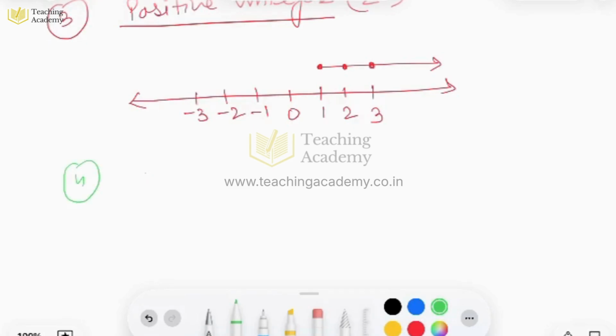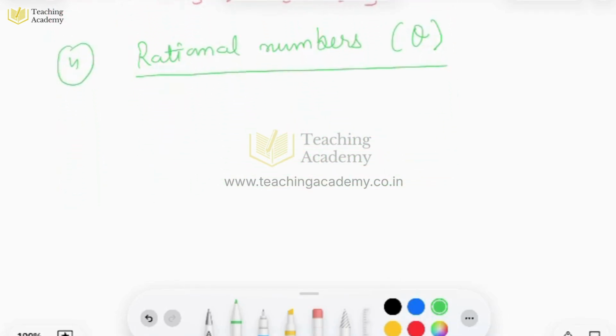Next is rational numbers. Rational numbers are denoted by Q. What is actually a rational number? Rational number is a fractional number. It should be written in P by Q form. This is the first part of it.